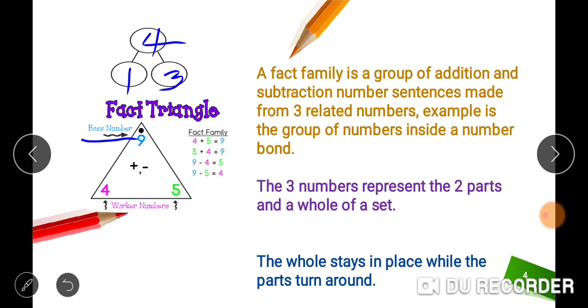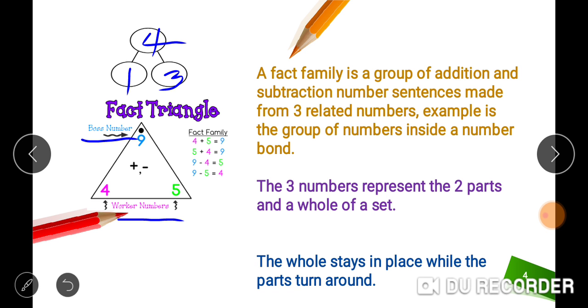In the fact family, the biggest number of the 3 is usually at the top or in the middle of the other 2 numbers. The biggest number is usually at the top, while the other numbers are called worker numbers. They are the numbers that do the work. So 4 and 5 are worker numbers.